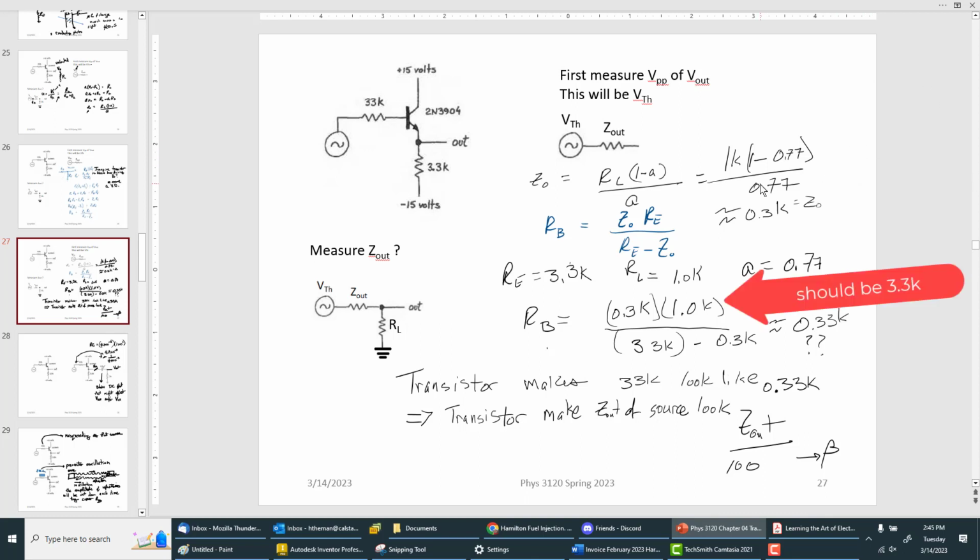So I measured an A of 0.77. And so that told me that my Z out of the emitter follower was 0.3K. So if I plug that into the voltage divider equation for the Z out, for RB and RE that we see up here, that tells me that RB should be equal to 0.33K.